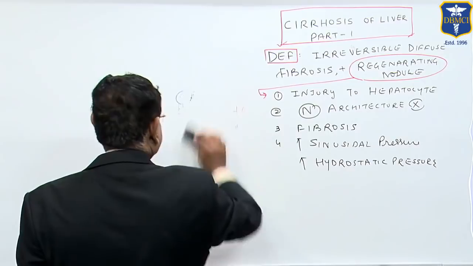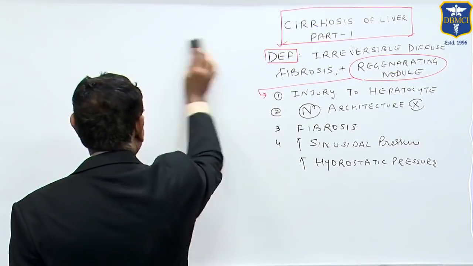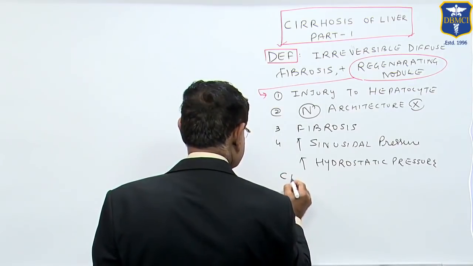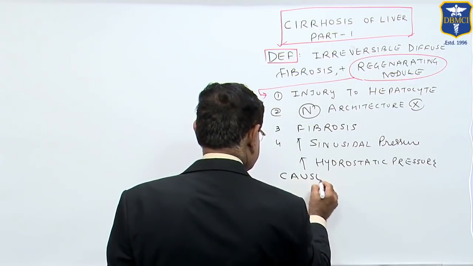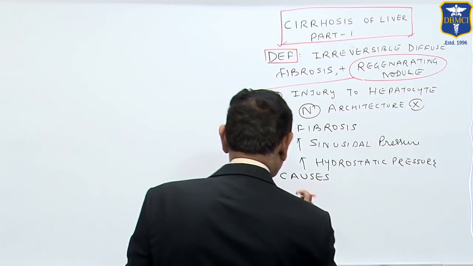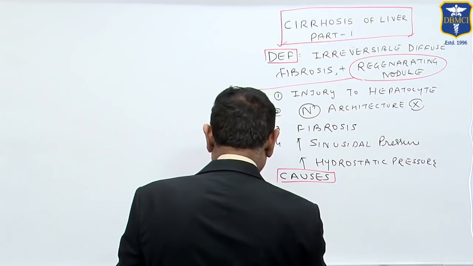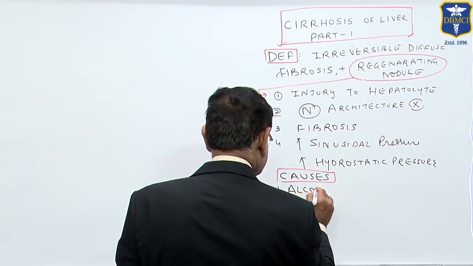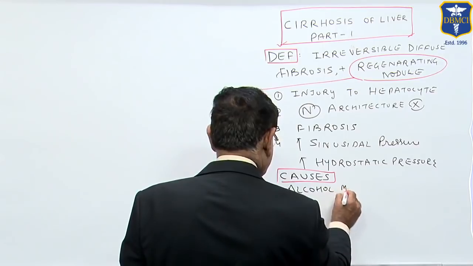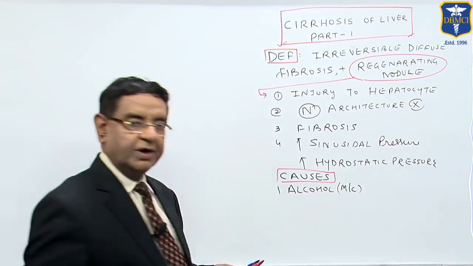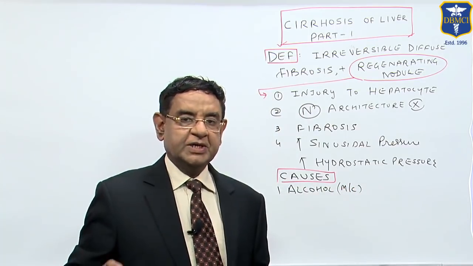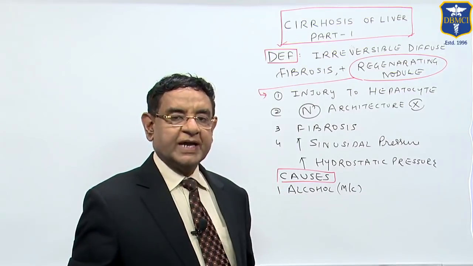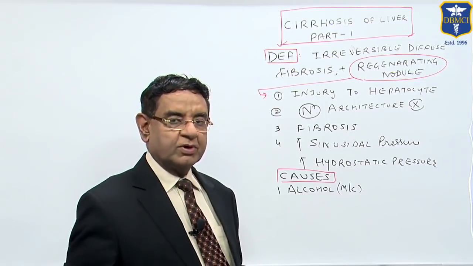So now let us see what are the causes of cirrhosis of liver. Alcohol is the most common cause in the world as such, but especially in the Western world and the USA, alcohol is the most common cause.